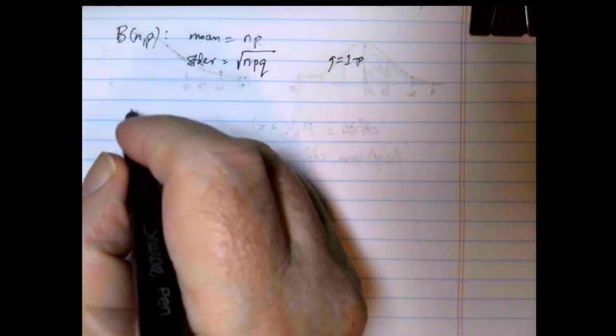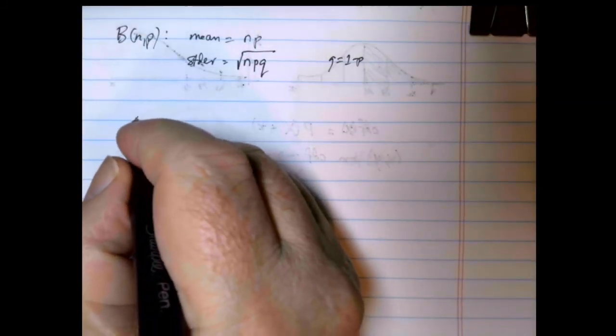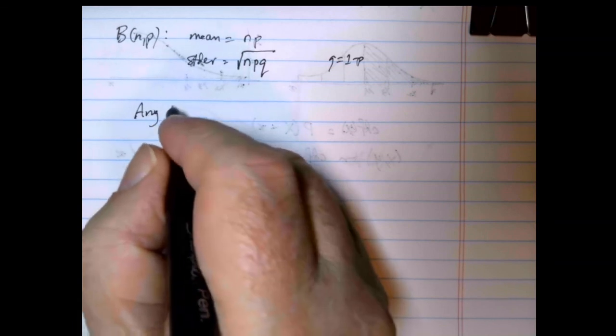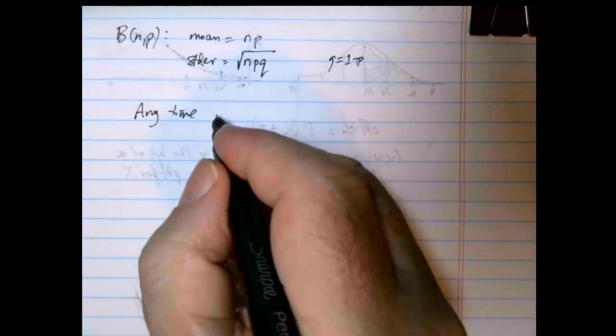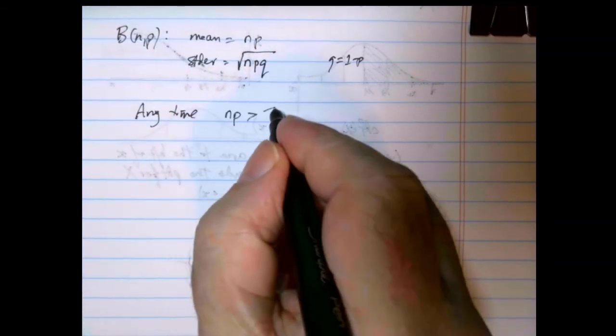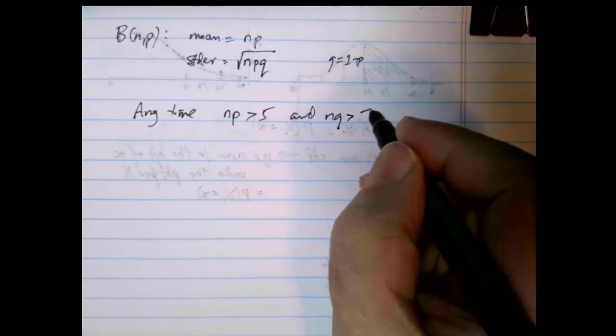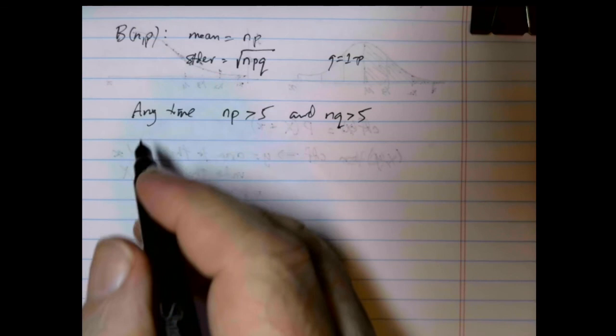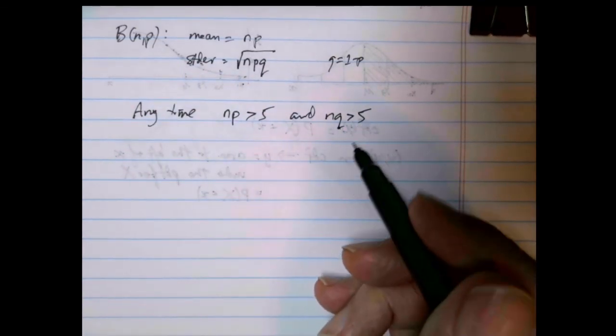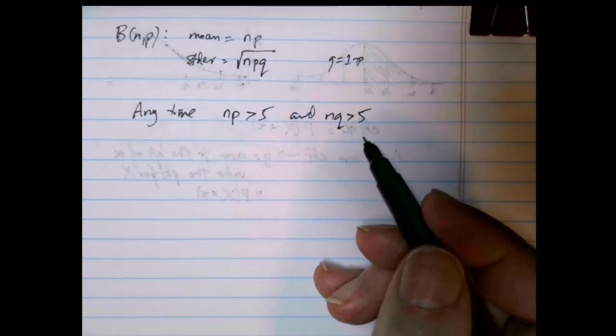Well, it turns out that binomial distributions can be pretty well approximated by normal distributions in many cases, and it's not uncommon to do it. Right? In fact, any time you have np greater than 5 and nq greater than 5, that's the criterion for when you can approximate a binomial by a normal distribution.